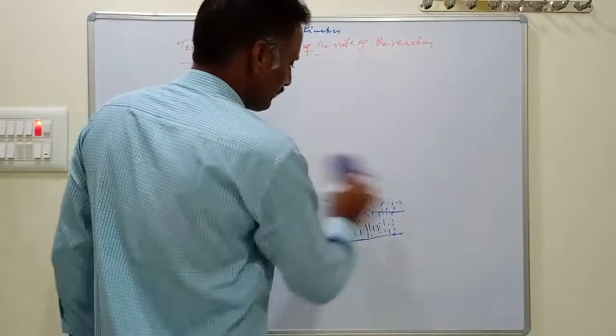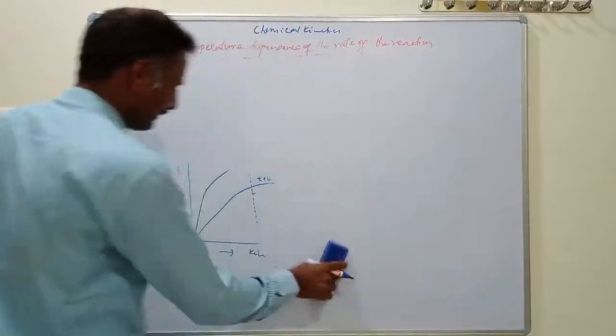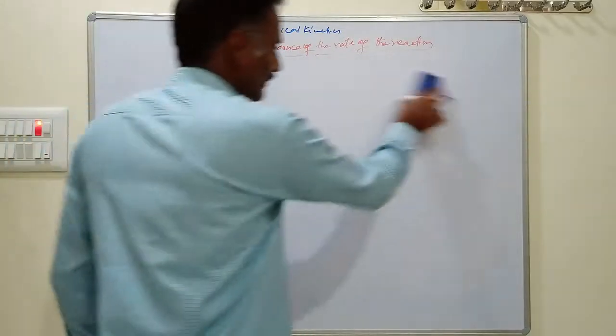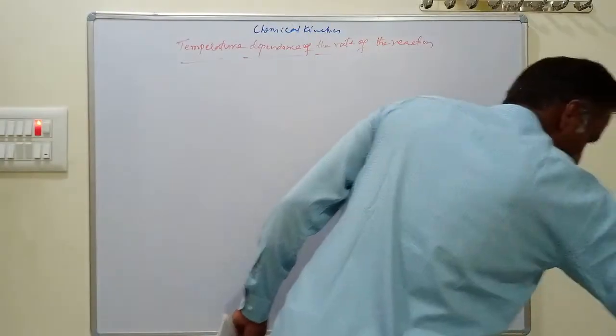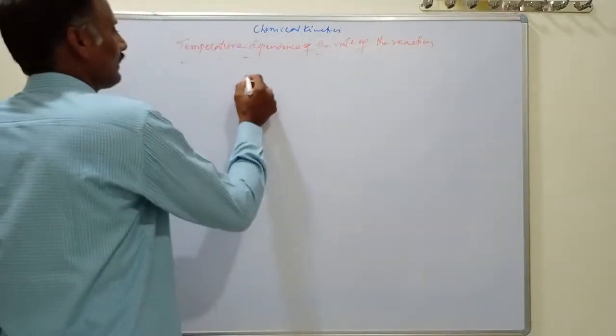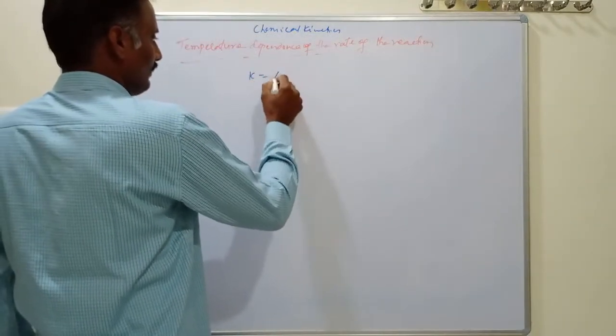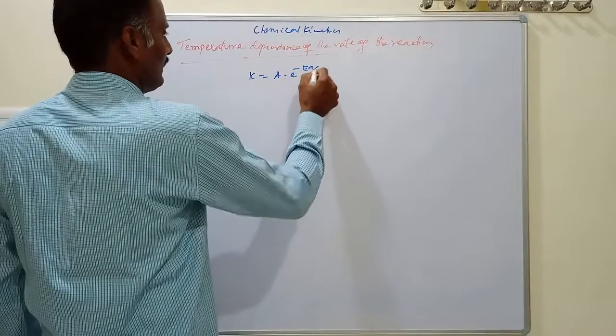Next, the Arrhenius equation gives an idea about the temperature dependence of the rate of a chemical reaction. According to the Arrhenius equation, K equals A into e to the power minus EA by RT.